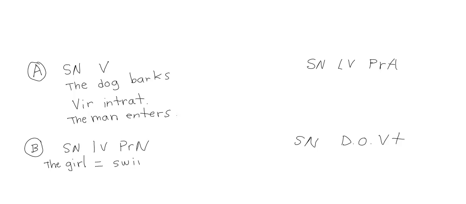Maybe this girl goes to the pool every week and swims. So what's the girl? She's a swimmer. And the equal sign verb in English that we use is "is." The girl is a swimmer. That's an SNLVPRN. Swimmer is a person who swims. That's what the girl is.